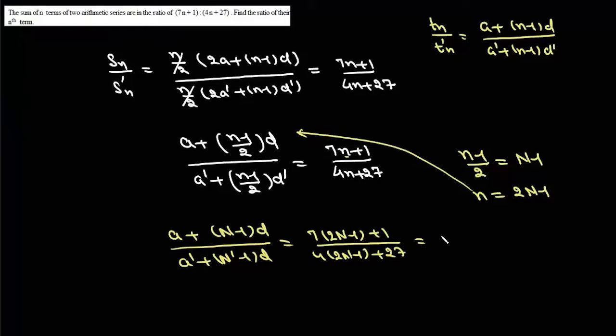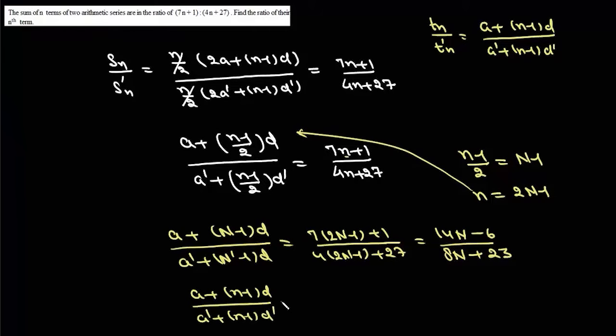Now this is (14n minus 6) upon (8n plus 23). Now we can change this capital N into small n. We can write (a plus (n minus 1) into d) upon (a dash plus (n minus 1) into d dash), which is basically the ratio of their nth term, will be equal to (14n minus 6) upon (8n plus 23).